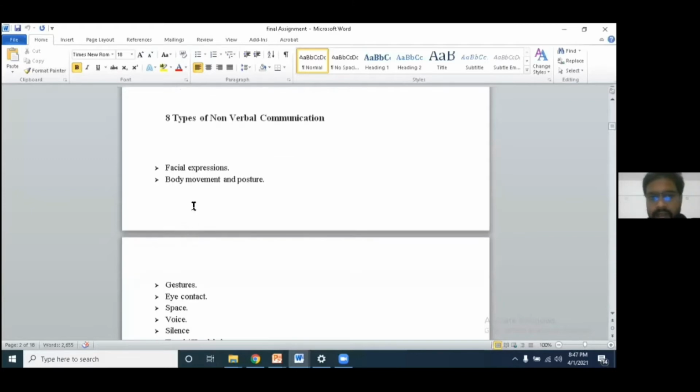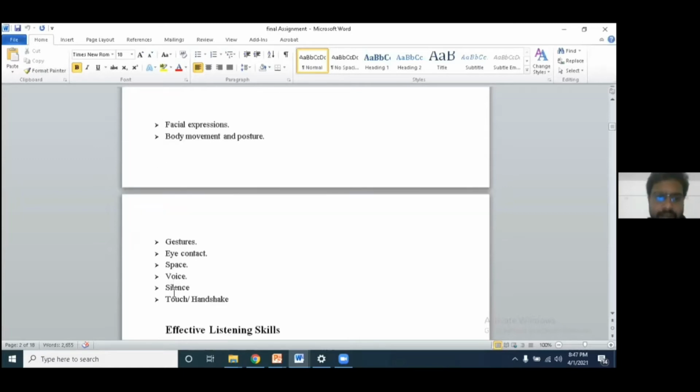Then the second option is body movement and postures. Sometimes we use signs, like hello, or like good job. That kind of body movement and posture is where we don't say anything, but we just express our communication. Then the gesture, the eye contact, then the space, voice, silence, touch and handshake.